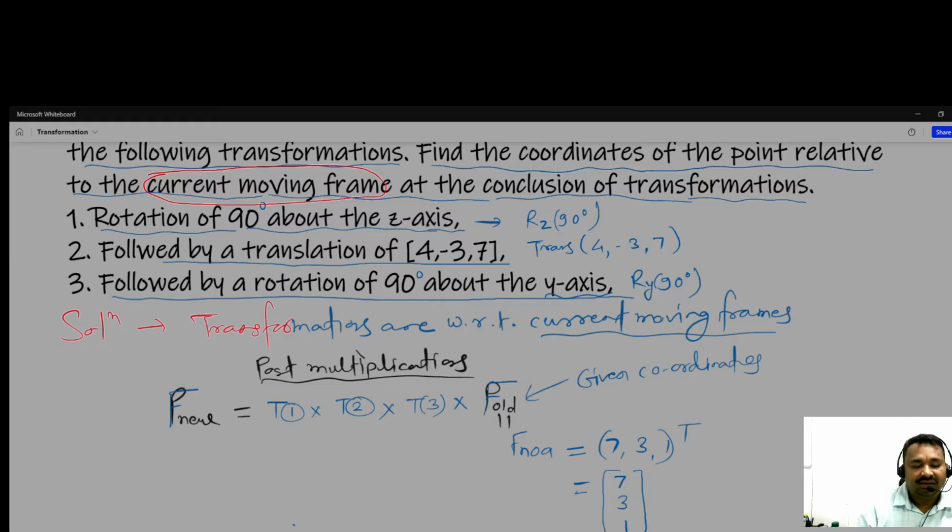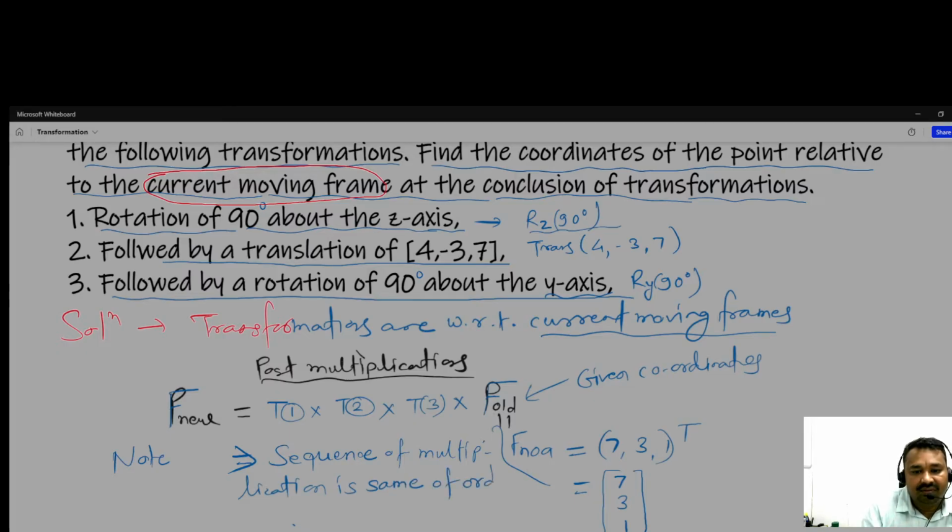And how to write T1 here? Rz, and see the sequence of multiplication here. The note here is that the sequence of multiplication is the same as the order or sequence of transformations.